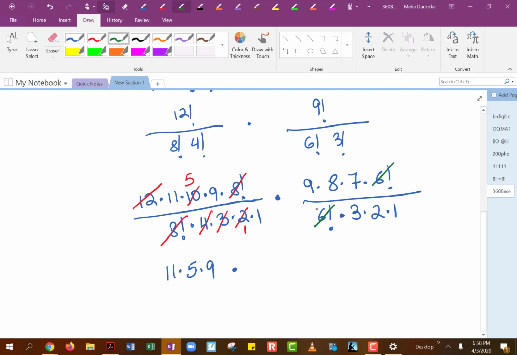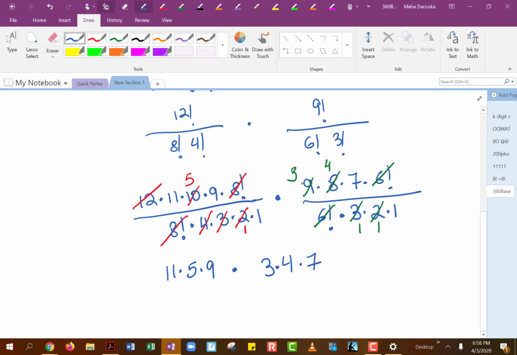So you can actually do this individually. 3 goes in itself once, 3 goes into 9 3 times, 2 goes in itself once, 2 goes into 8 4 times, right? So then you are left behind, everything else on the bottom canceled out. On the top we have left 3 times 4 times 7, and now you can multiply all 6 of these numbers because all of this is multiplication here.